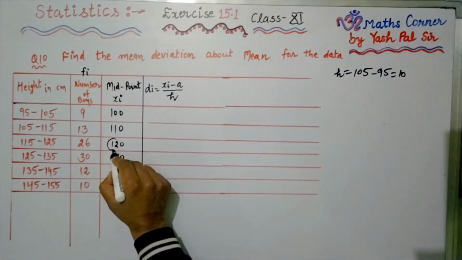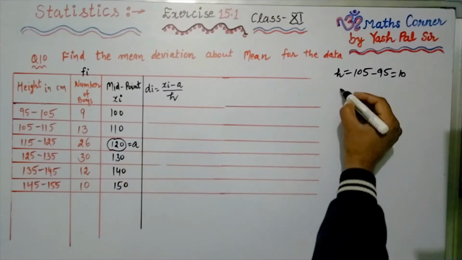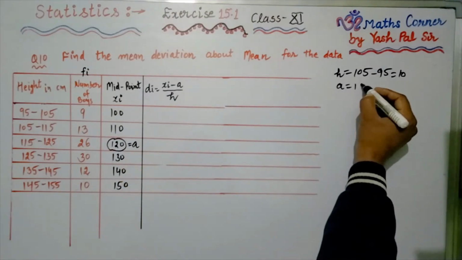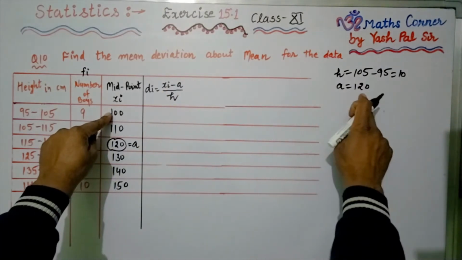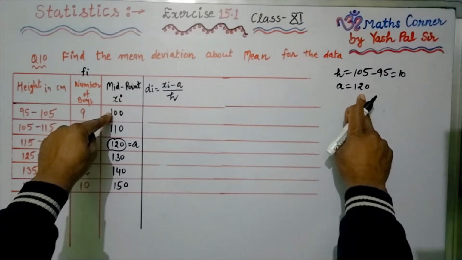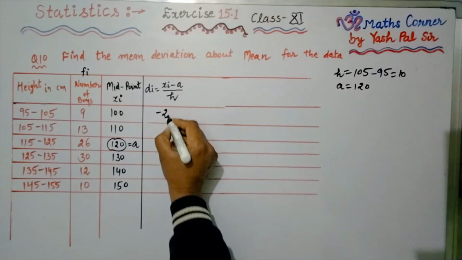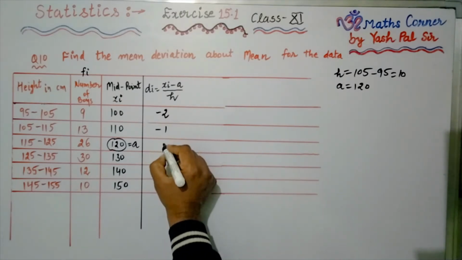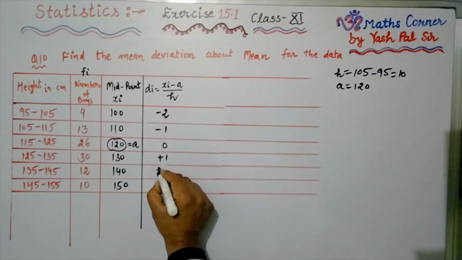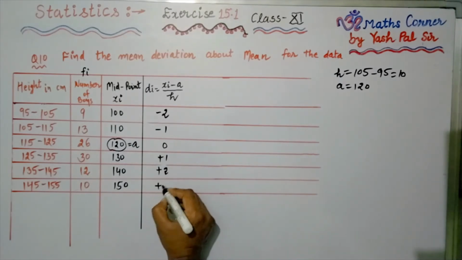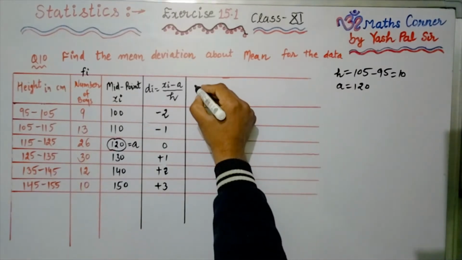Out of 120 or 130, we can assume any one. Suppose a is equal to 120. So xi, meaning 100 minus 120, minus 20, divided by 10, this becomes minus 2, this will be minus 1, this will be 0, this will be plus 1, this will be plus 2, this is plus 3. Right?